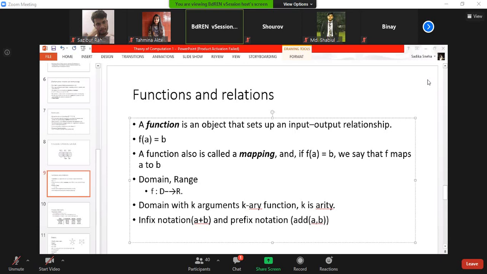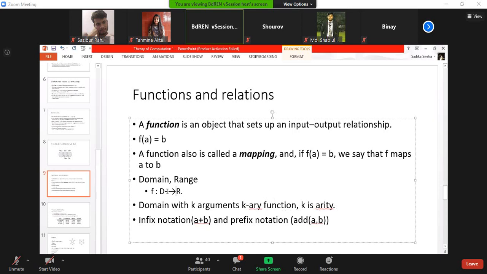When the domain contains k arguments or k elements, then it is known as a k-ary function. We are familiar with binary and unary, isn't it? This is a k-ary function. So k is called the arity.